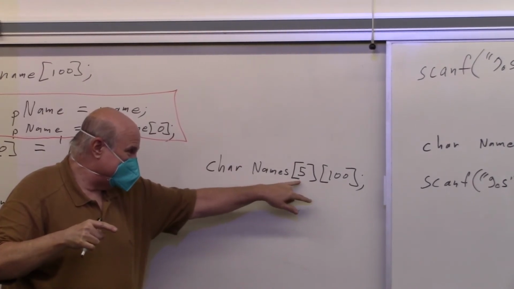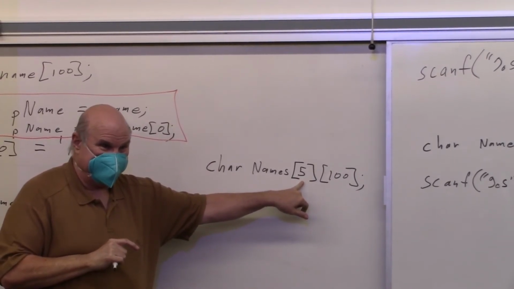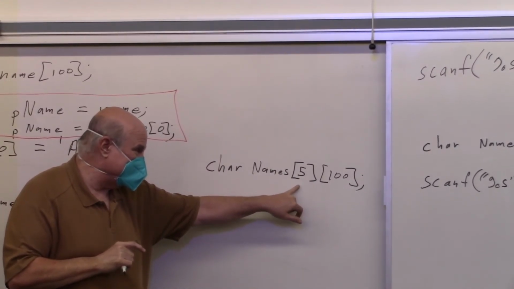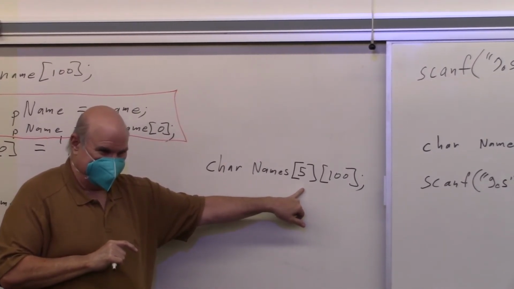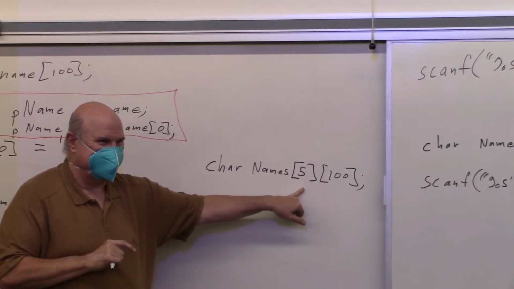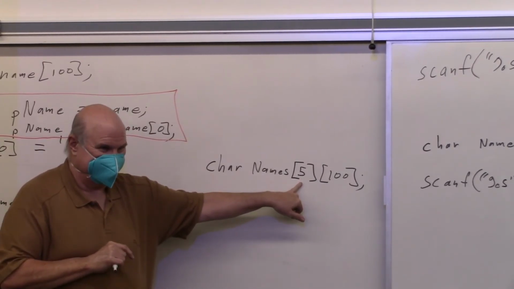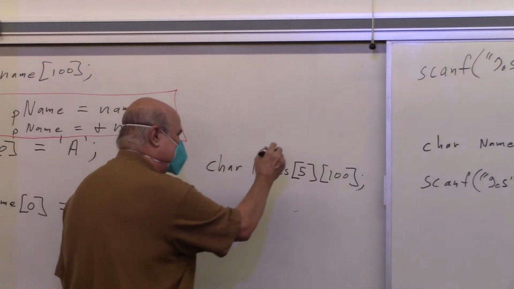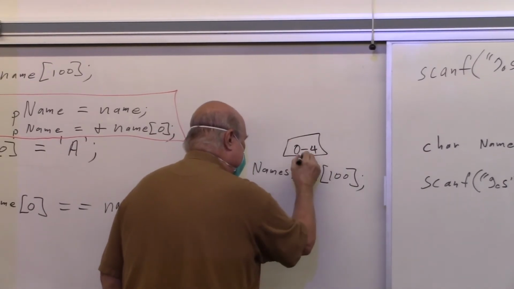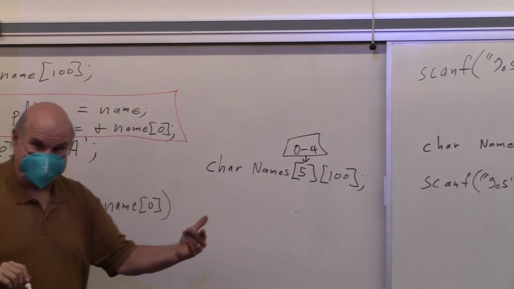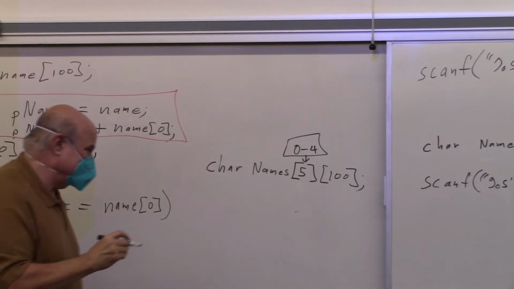So names of 5, you've allocated 5. What are the valid indexes of this first dimension? 0 to 4, that's right. So, let's just say we want to input the first one.